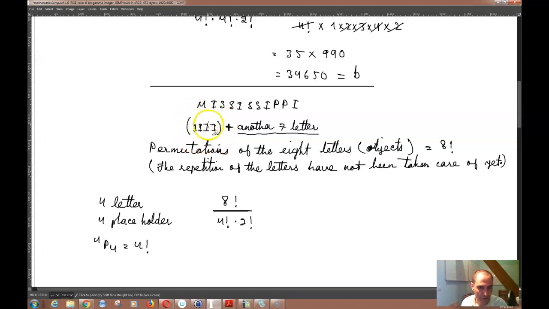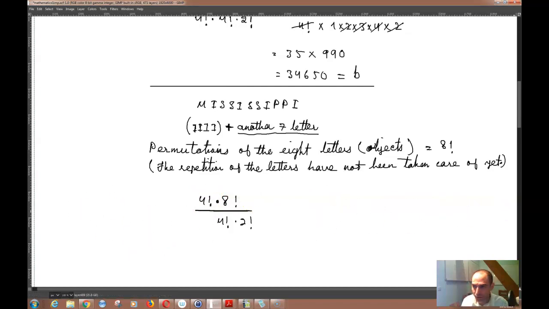So I need to multiply this 4 factorial by this expression, because relative to every permutation here, there are 4 factorial permutations related to these 4 letters. So you have to multiply that in.